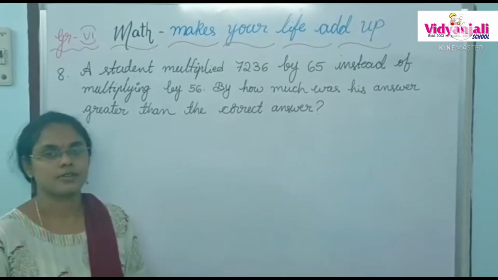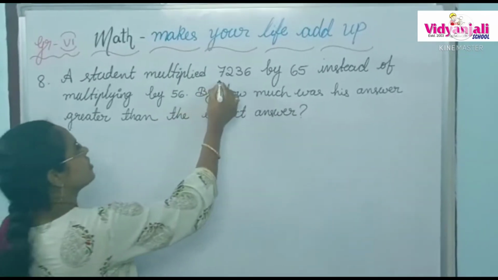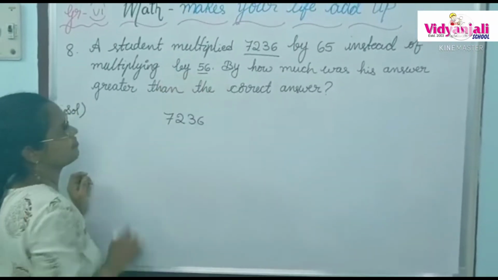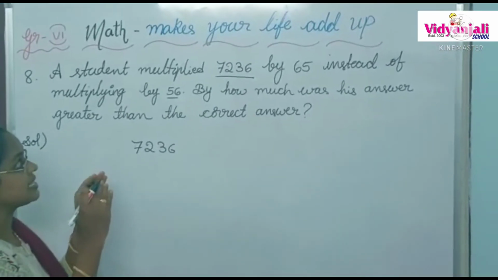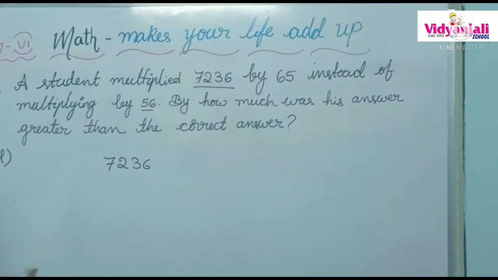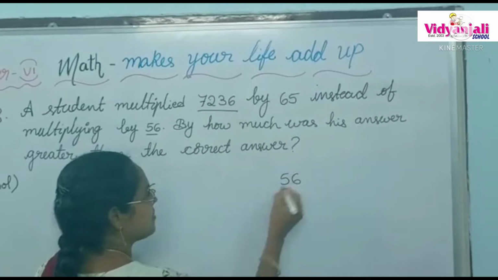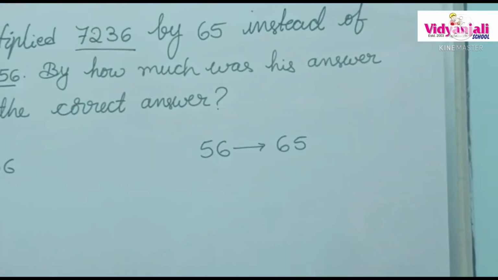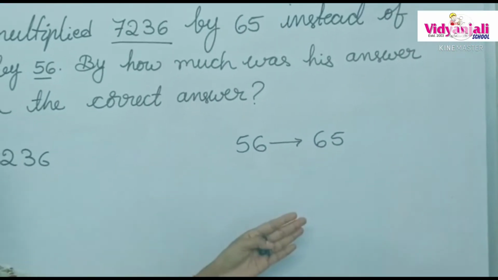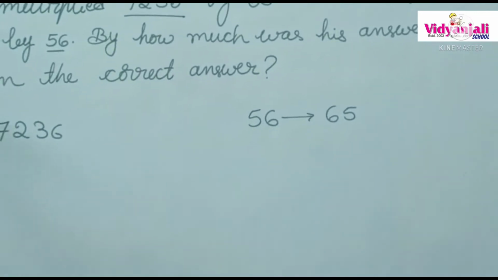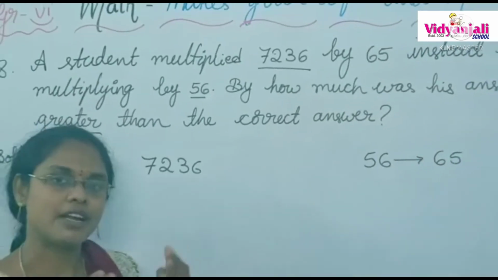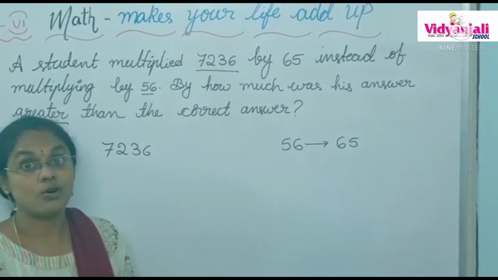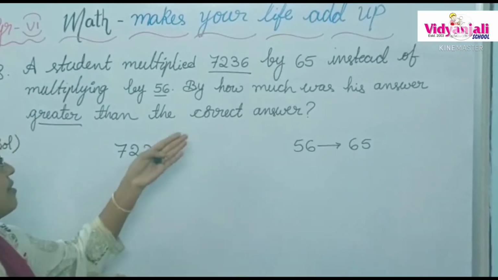But instead of 56, the child got confused and multiplied with 65. When we multiply with a bigger number, obviously the answer will be greater than the correct answer, right? So we have to find how much more we got than the correct answer.